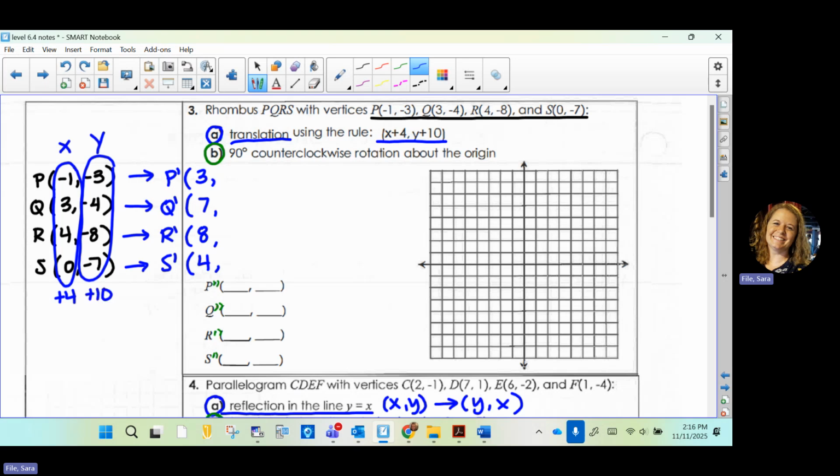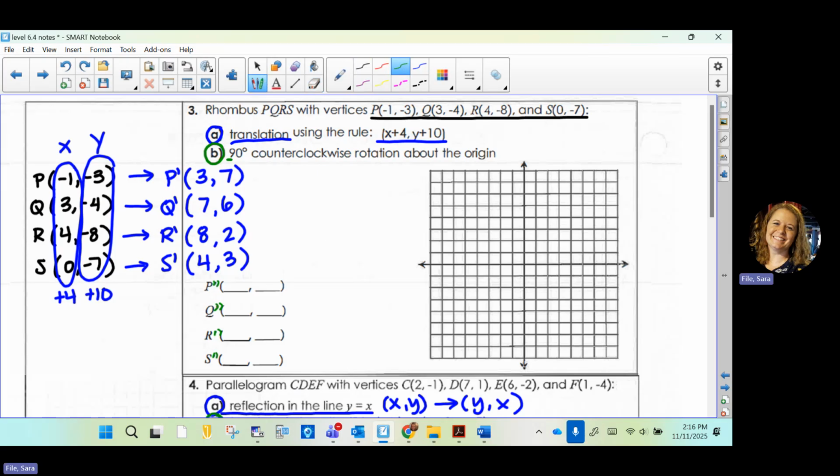So we're adding 10 to those Y values. So -3 plus 10 is 7. -4 plus 10 is 6. -8 plus 10 is 2. And -7 plus 10 is 3. Okay, so those are the coordinates after the translation only.